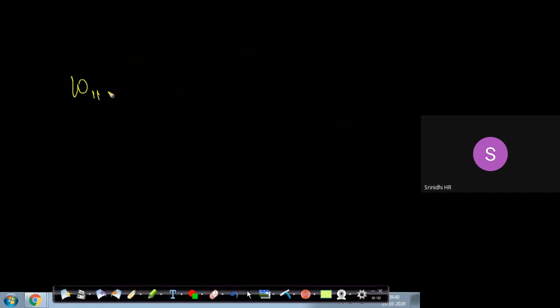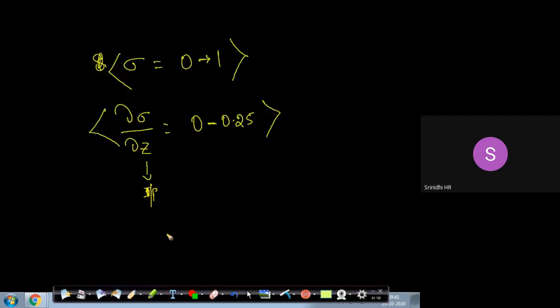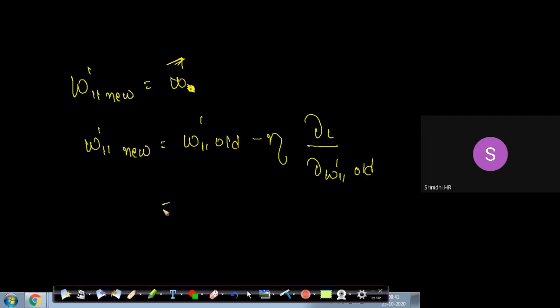W11 power 1 new is equal to W11 power 1 old, minus eta times the derivative of L divided by the derivative of W11 power 1 old. Coming back, the answer we got for this is 0.001. What is the old value?